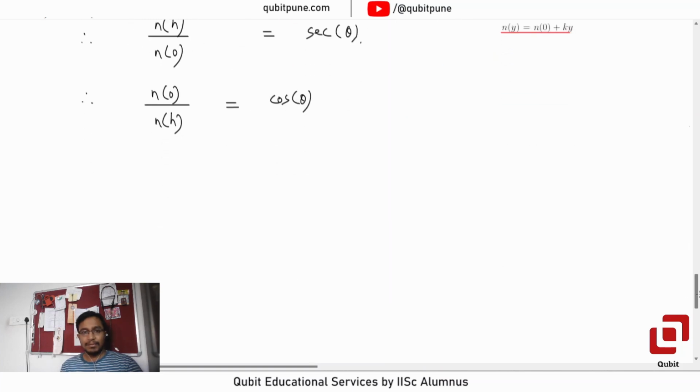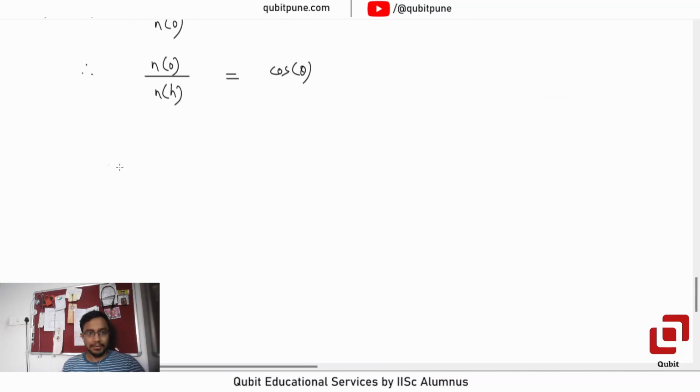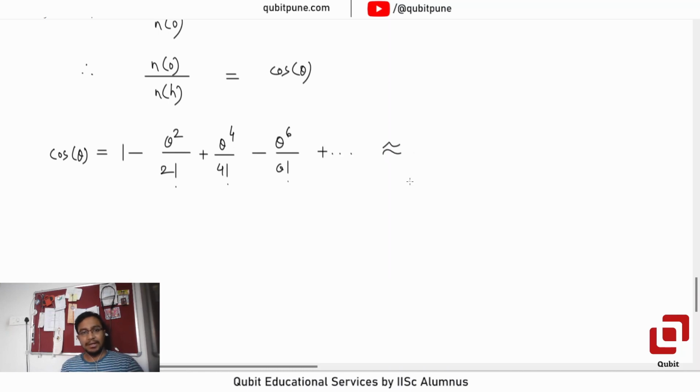And also use the Maclaurin expansion for cos theta. Actually cos theta is 1 minus theta squared by 2 factorial plus theta raised to 4 by 4 factorial minus theta raised to 6 by 6 factorial and so on. But we have to truncate it after the second degree term. So theta squared by 2. So n0 by nh equals 1 minus theta squared by 2.